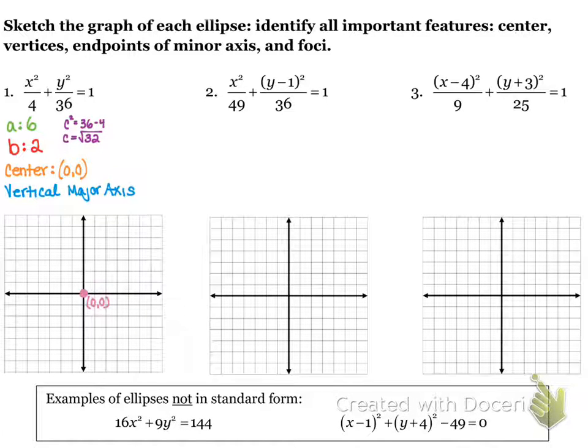I need a diameter of 12, meaning from 0, 0, I'm going to go up to 6 and down to negative 6. B is our minor axis. B's value is 2, so from 0, 0, we're going to go 2 to the right and 2 to the left.